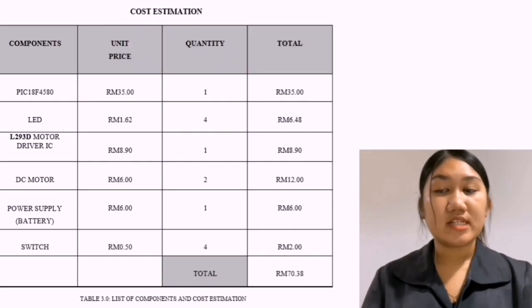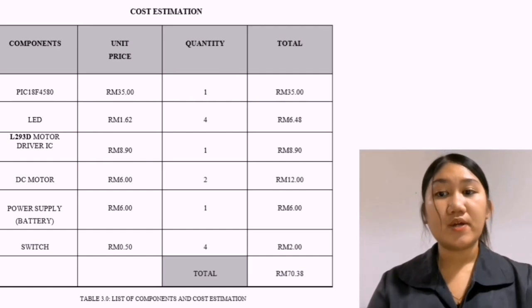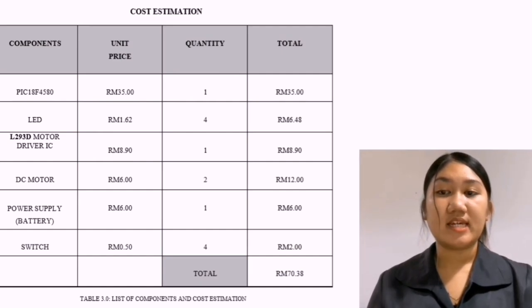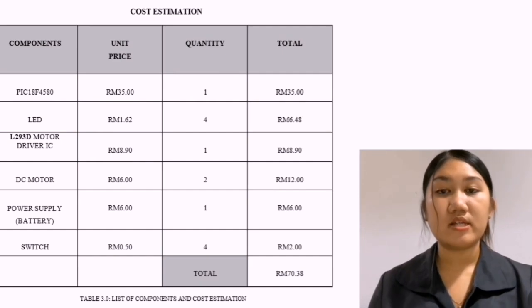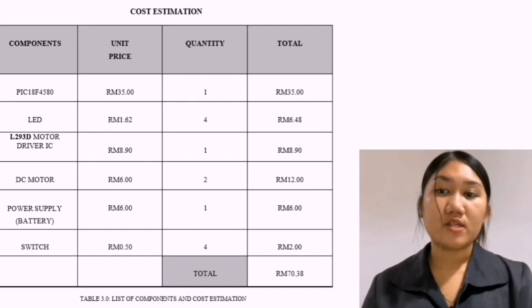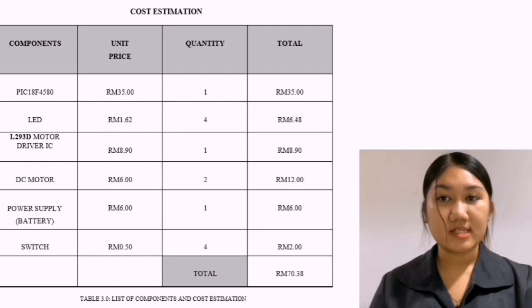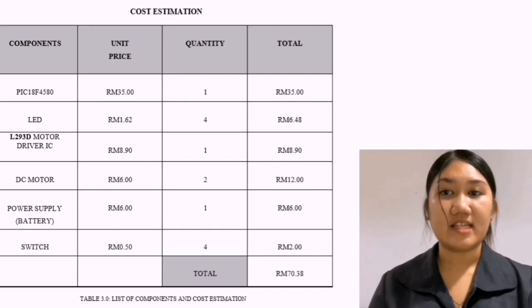Now, I would like to share the cost estimation of the project. The main controller, the PIC 18F4580, costs 35 ringgit. The 4 LEDs cost a total of 6 ringgit 48 cents. The L293D motor driver is 8 ringgit 90 cents. 2 DC motors cost 12 ringgit.